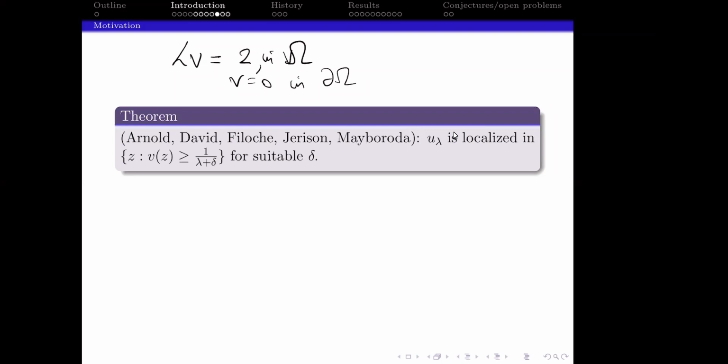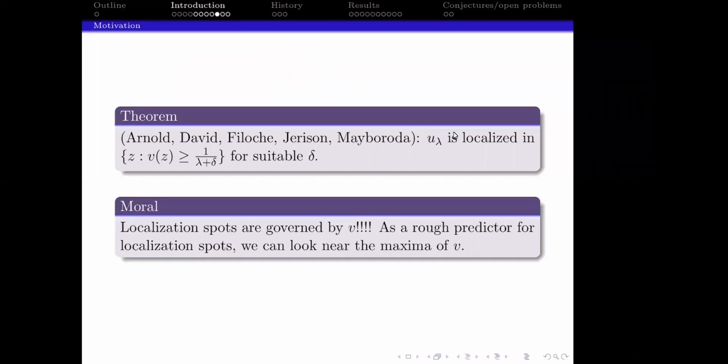In particular, suppose you want to know where the localization spots are, then to start with, we can look near the maxima of the landscape function. Wherever it attains a maximum, we know that at least some of the eigenfunctions will be localized there, so that will be a spot where localization probably happens. So this was our main motivation.